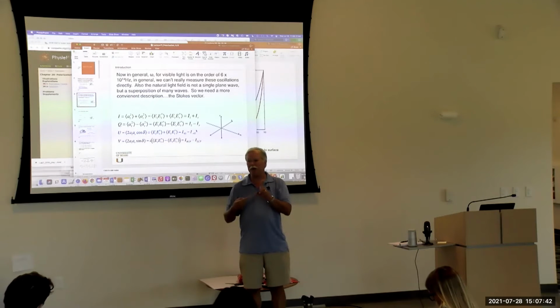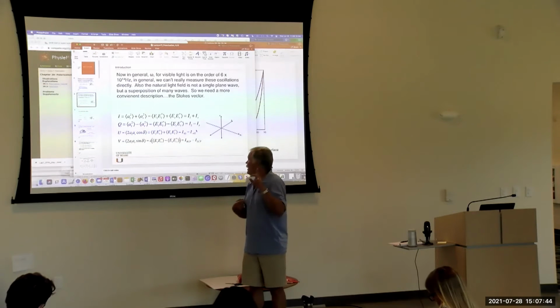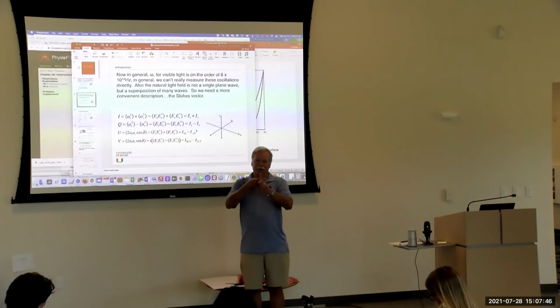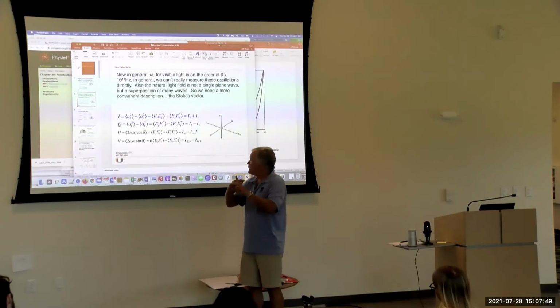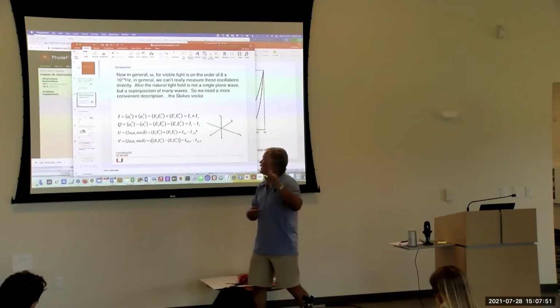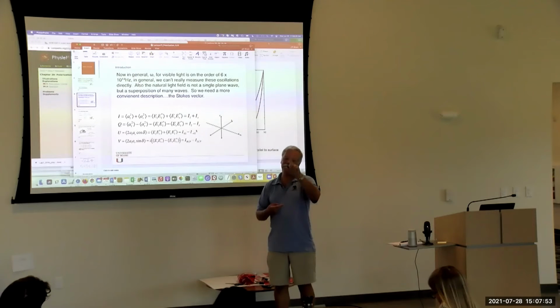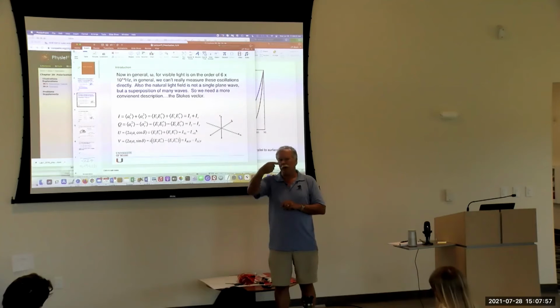If you get unpolarized light, you can think of it as having an equal amount of L and R, and so the Q would be 0. If it's all polarized in this direction, say this is your L frame, then you get a Q of 1. If it's all polarized in this direction, you get a Q of -1.